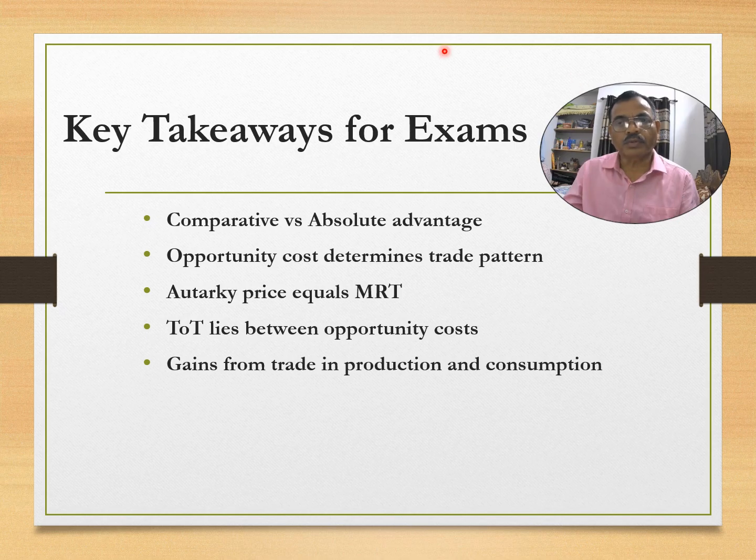Before we conclude today's lecture, let us summarize the most important points, especially from an examination perspective. These are the core ideas you must remember. First, clearly understand the difference between absolute advantage and comparative advantage. Absolute advantage is about higher productivity, while comparative advantage is about lower opportunity cost.